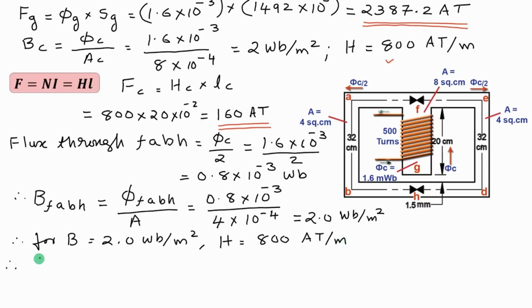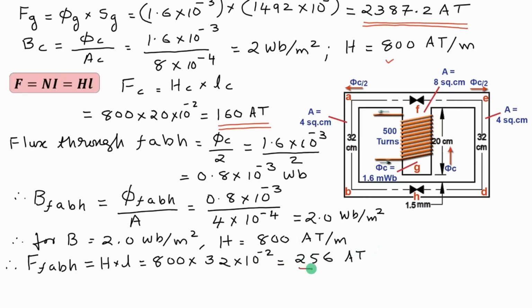Therefore, from this formula, MMF for outer limb FABH is equal to H into L, which is equal to 800 into length of outer path, which is given as 32 centimeter, that is 32 into 10 raised to minus 2 meter. This is equal to 256 ampere turns.